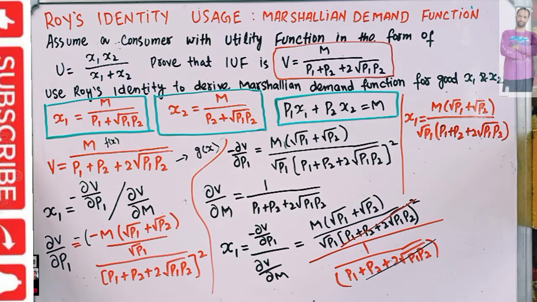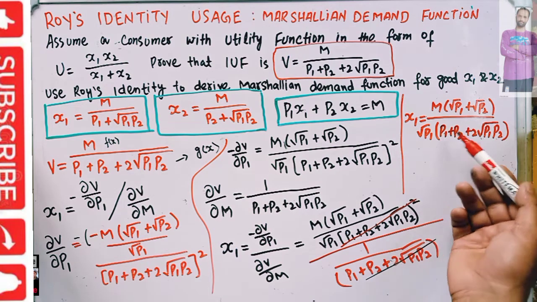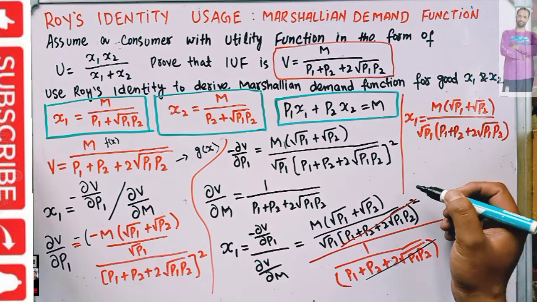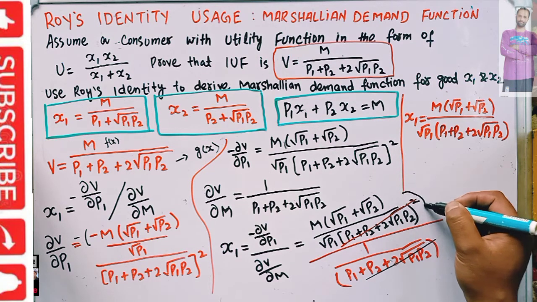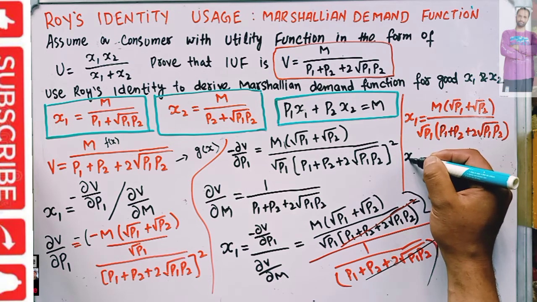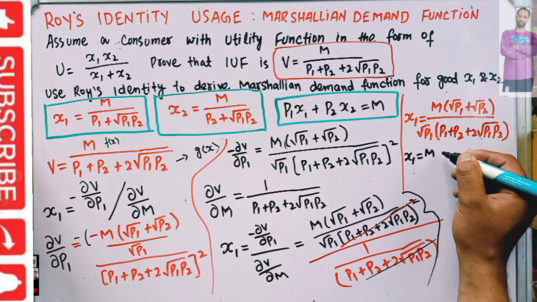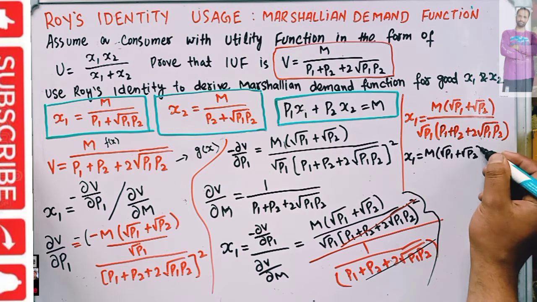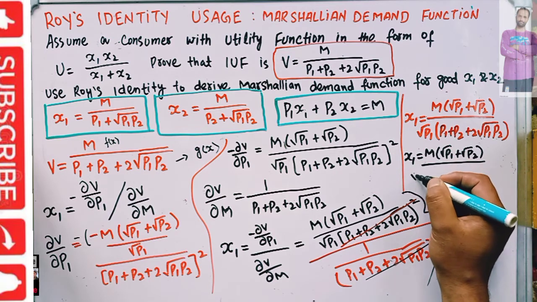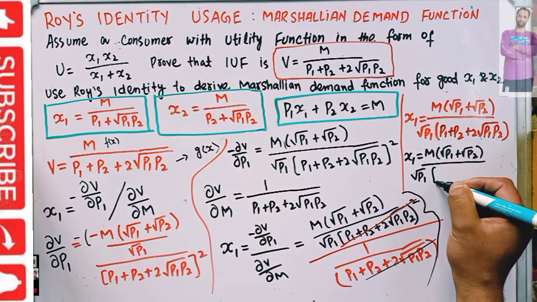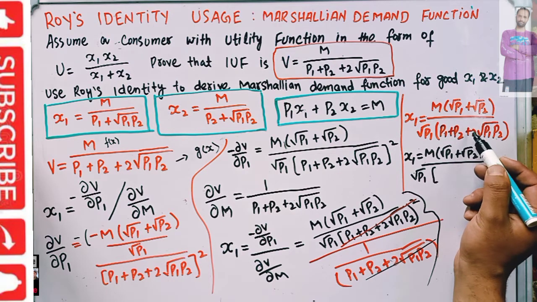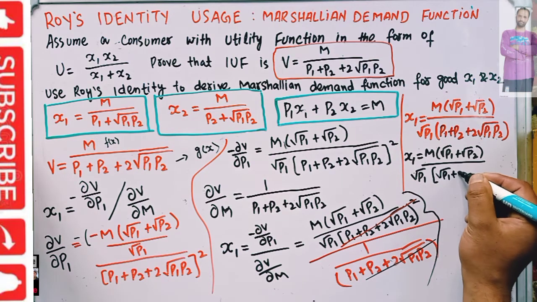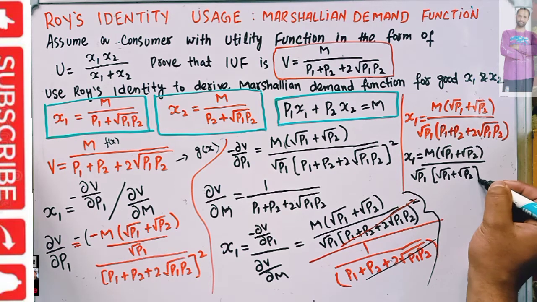I hope I am making myself clear, because here it was square also, so one term will be left here. Now doing some further simplification, we have x1 equal to m, under root p1 plus under root p2, divided by under root p1, and here a square plus b square plus twice ab becomes under root p1 plus under root p2, whole square.